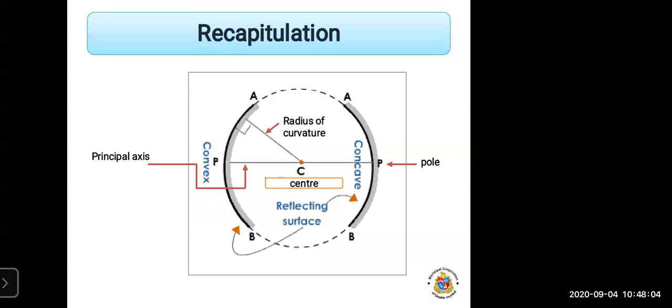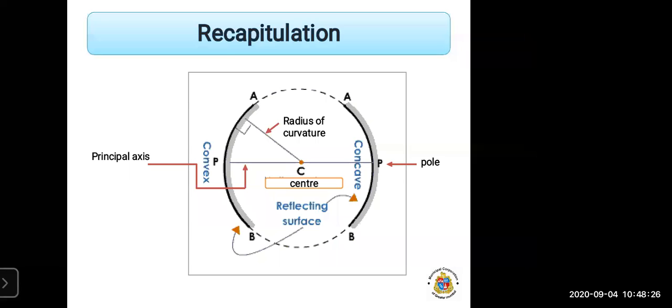These are the terms related to the convex mirror and concave mirror. Now on the principal axis, in the center of the concave mirror and convex mirror, there is one point denoted by P.